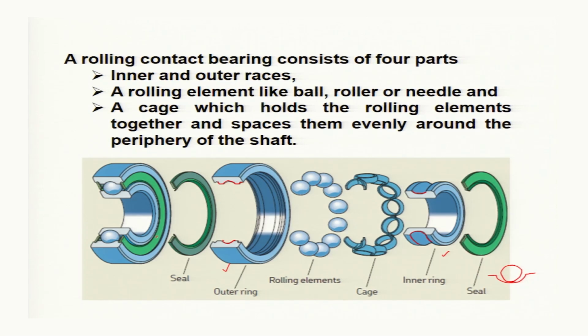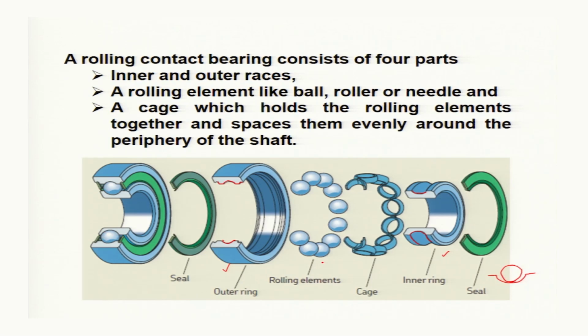One seal is provided here and another seal is provided on the back side here, and this will seal your inner race, outer race and the balls or the rolling elements, and so it prevents foreign materials from coming into the space where relative motion is there, and that will prevent the wear.